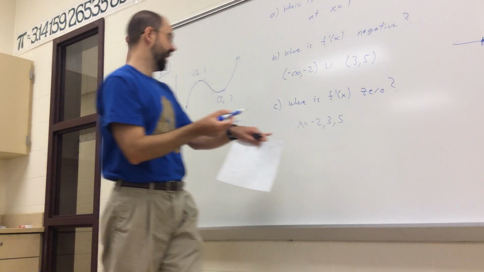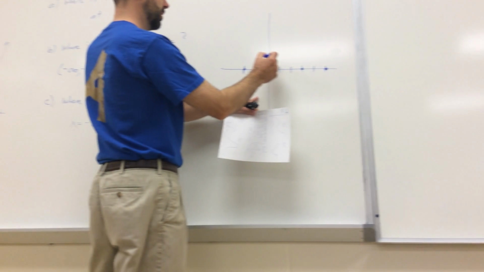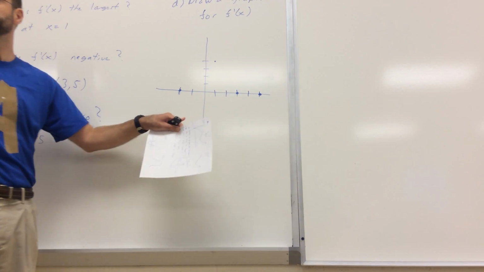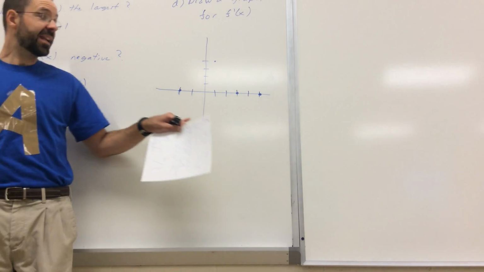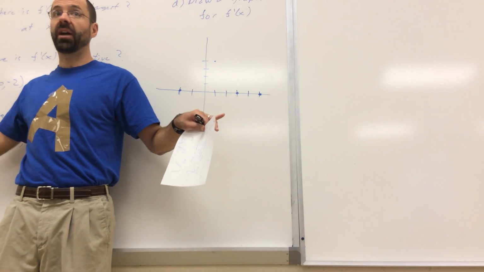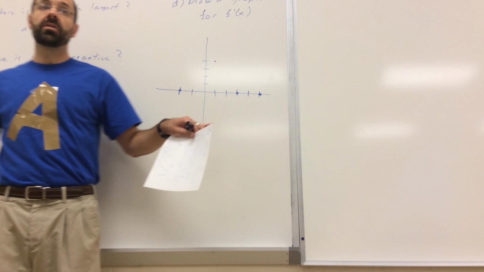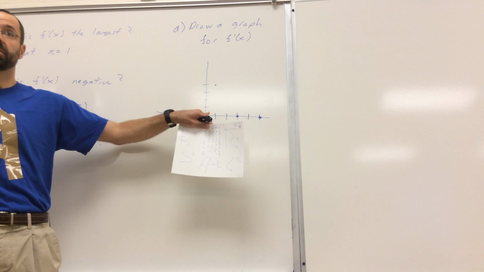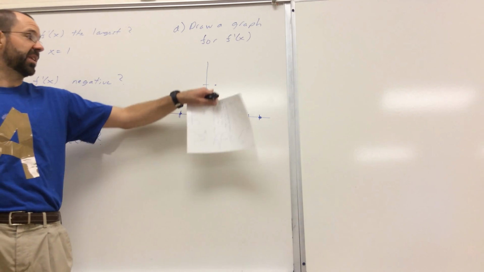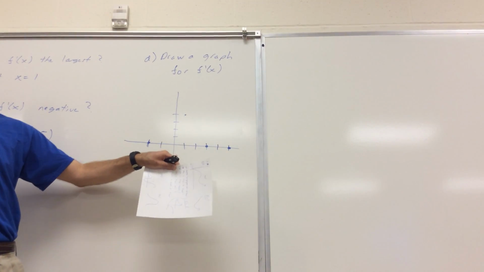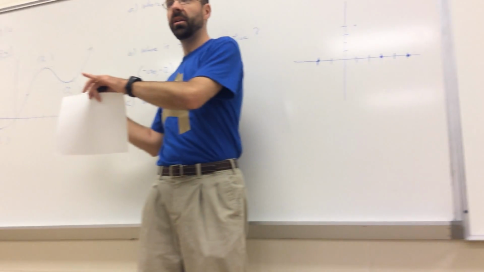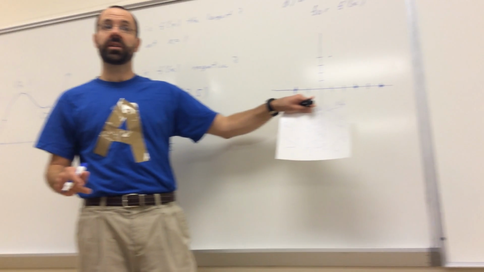So I'm going to say at 1, the slope is 4. And that's the steepest slope, right? Over there. So it needs to be the biggest value over here. So that's going to be the highest point on this f prime graph. Because the biggest slope over there is the highest point over here.